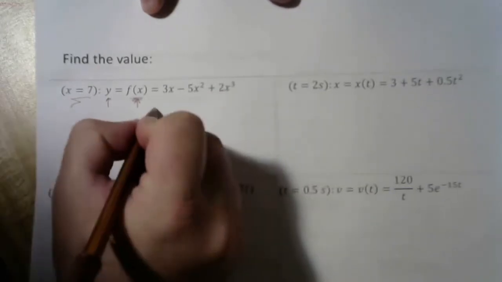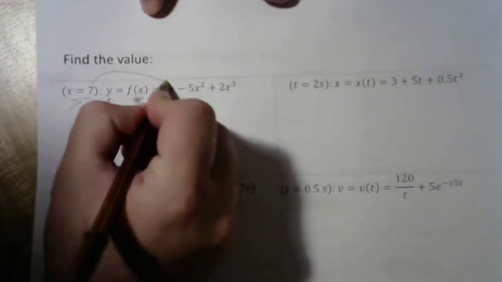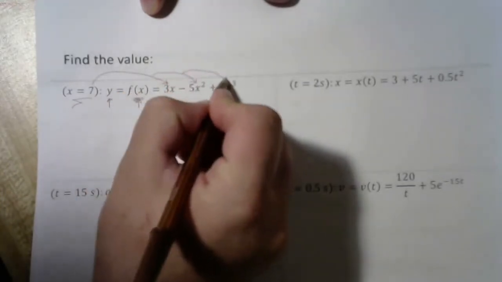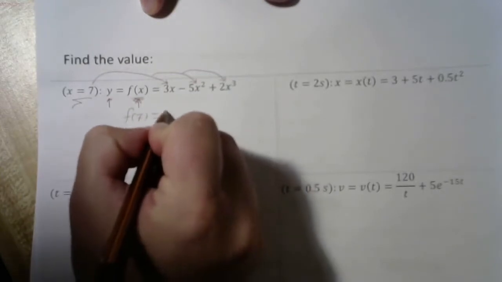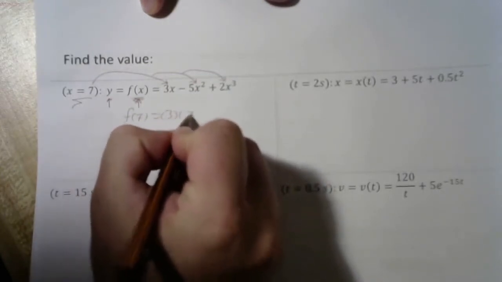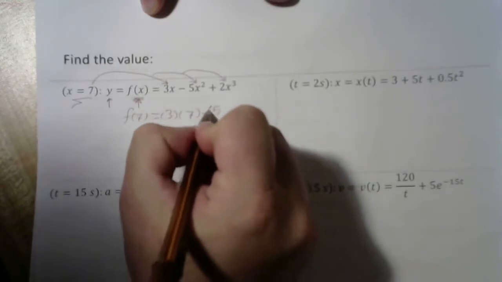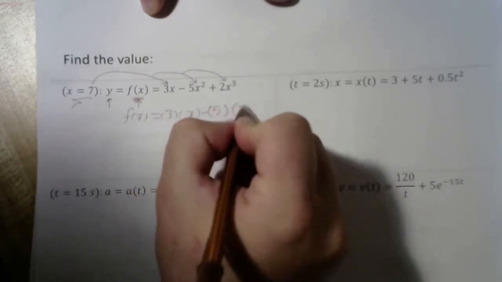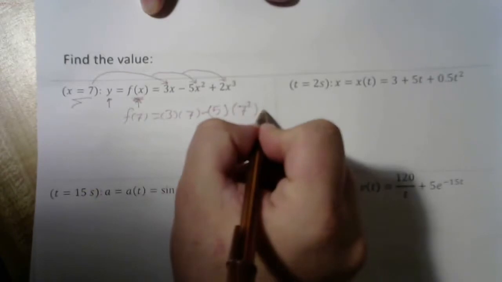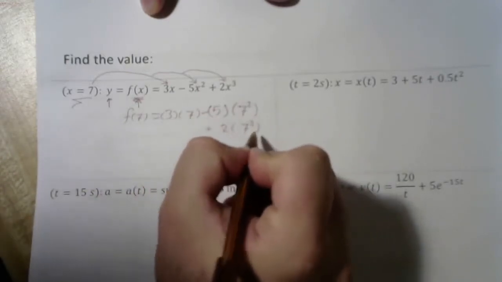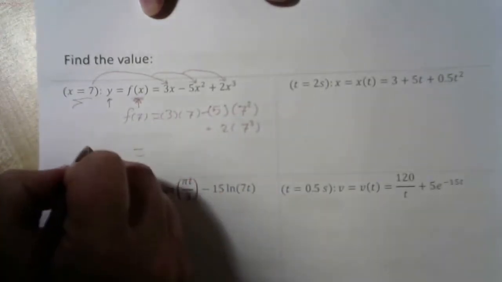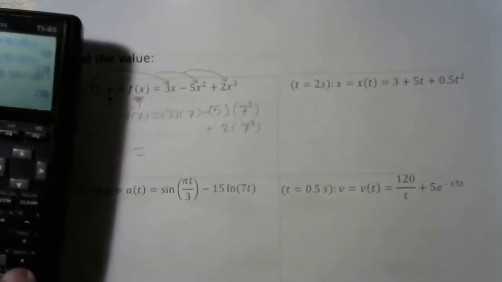It is easy. I just use 7 and put it in each x, so f of 7 is equal to 3 times 7 minus 5 multiplied by 7 squared plus 2 multiplied by 7 cubed.